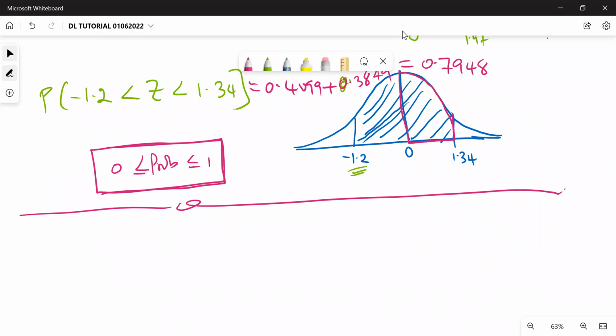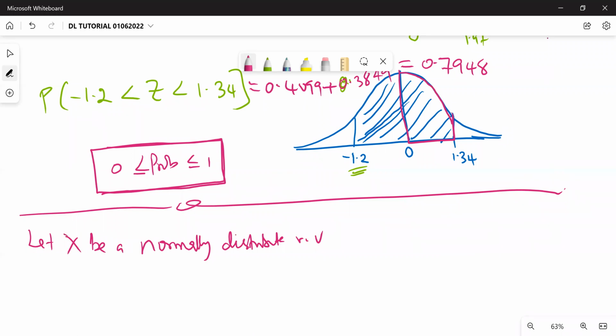Okay, so let's look at the example that we saw earlier. We are told let X be a normally distributed random variable. We are dealing with a question on the distribution of marks.